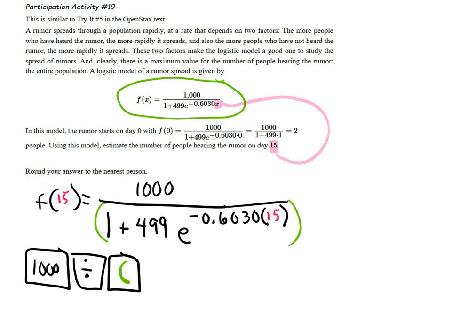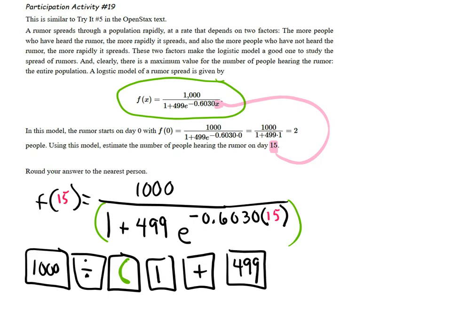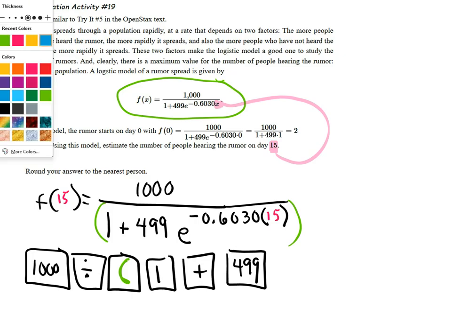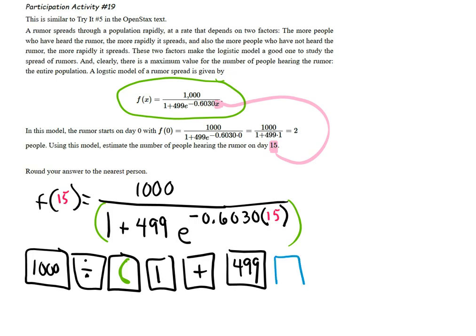So I'd hit my parenthesis, then the number 1, then the plus sign, then type in 499. Then on my calculator I have to hit my blue second button, and then my natural log button, because written above it in blue is my e to the x button.